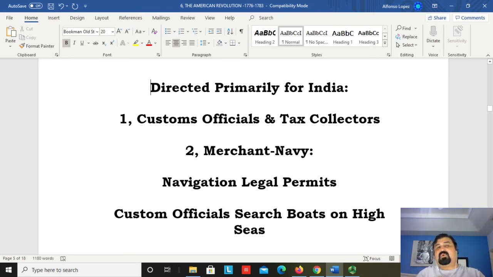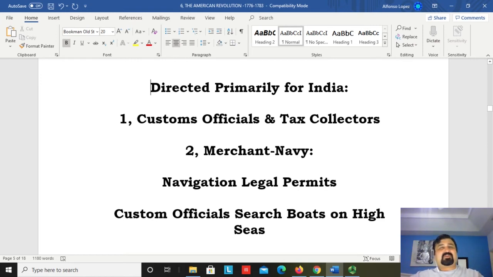The Navigation Act of 1696 also was to patrol the Indian Ocean to prevent smuggling from taking place.